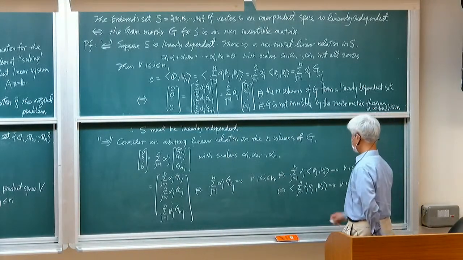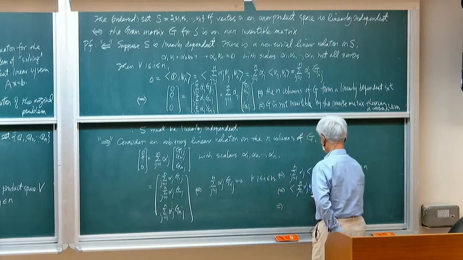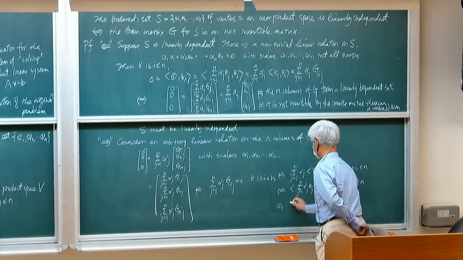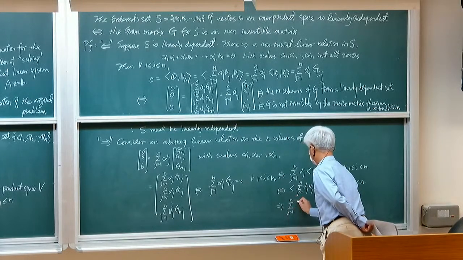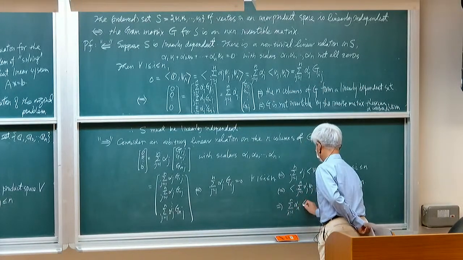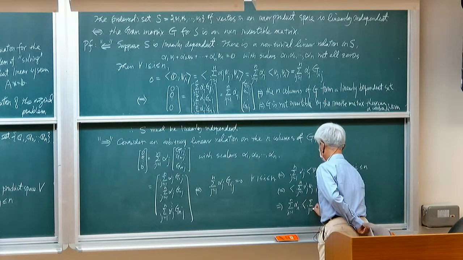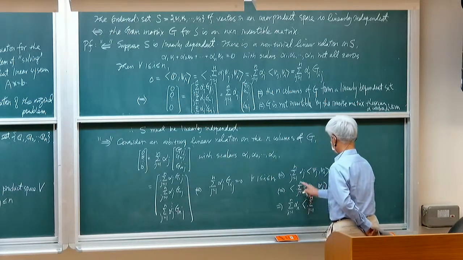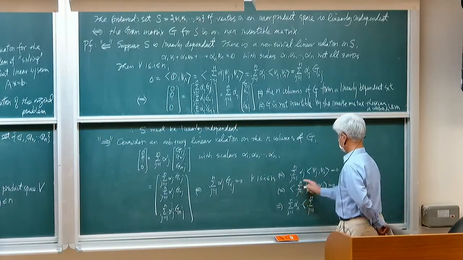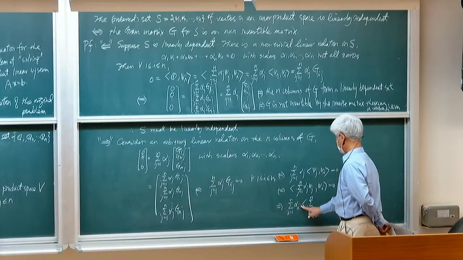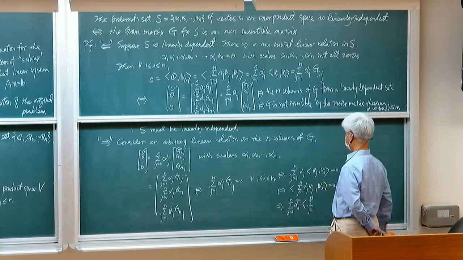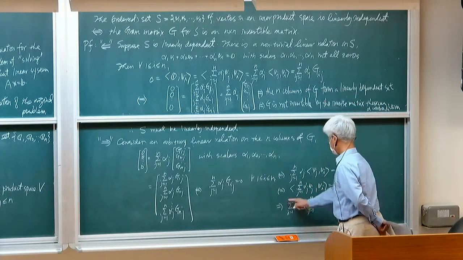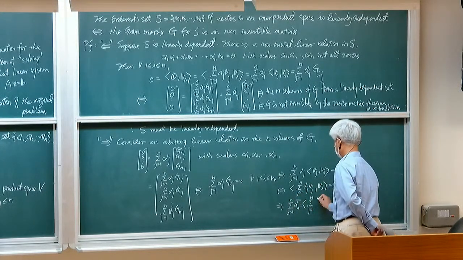All right, and so now we combine them. We multiply this inner product with alpha i, and take the bar here, and sum together.